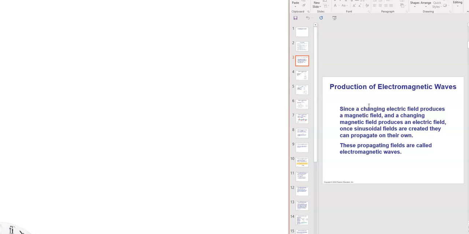In the near vicinity of that machine, there are two fields changing, but they can recreate each other. The changing electric field can create a magnetic field, the magnetic field can create an electric field, vice versa. These two together can propagate through space. We call it electromagnetic radiation or electromagnetic waves.